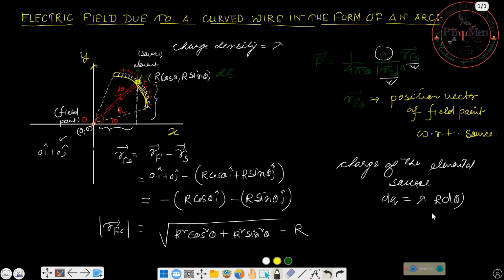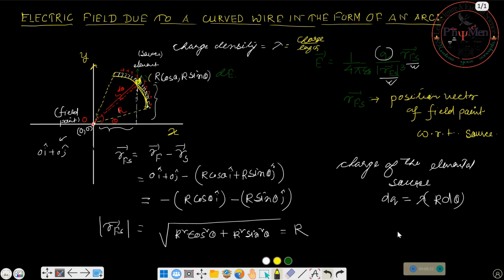Because the length of this element is r d theta, since this is the arc of thickness d theta with radius r, so r into d theta is the length, and lambda is nothing but the charge per unit length.